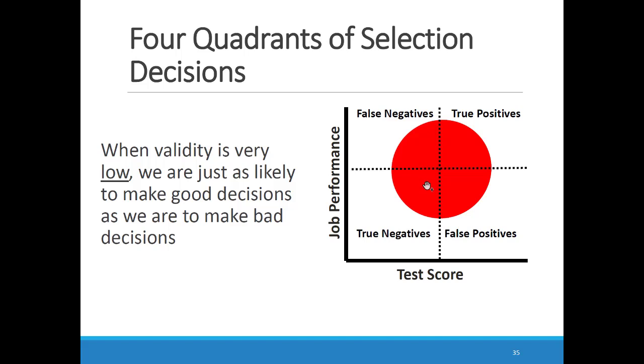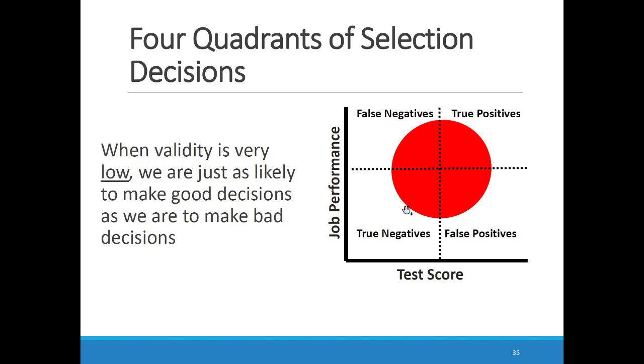You can see here that if we imagine this oval is a pie, and we have different pieces of the pie for each of our 4 quadrants, they are all about the same size. So if our test has very low validity, there's just as equal a likelihood of having a false negative or a false positive as there is of having a true positive or a true negative.